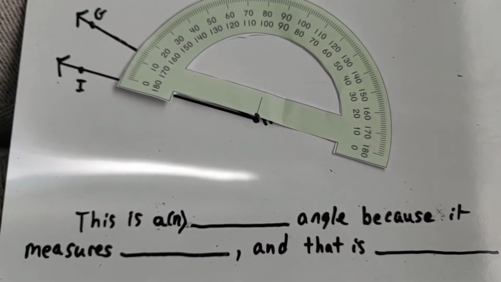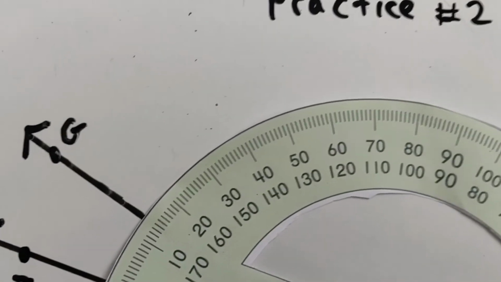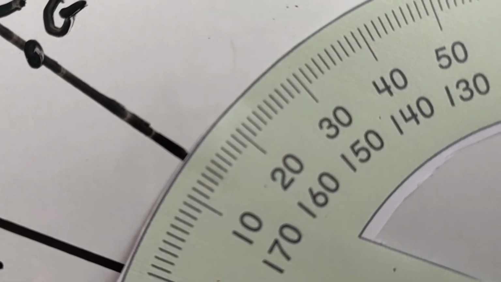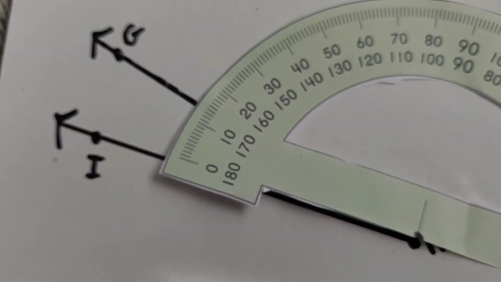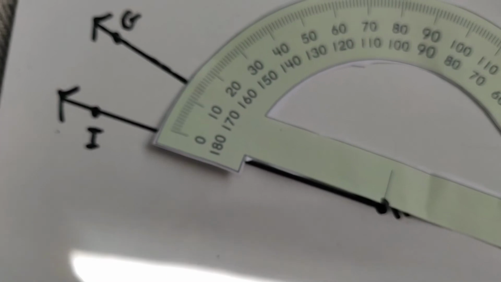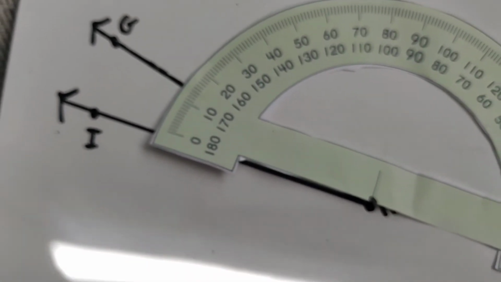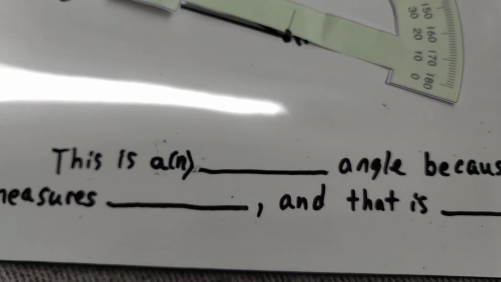Okay, so you should have realized this angle is about 14 degrees, and it doesn't have to be exact. So we'll say 14 degrees. That's what it looks like to me. And that makes it an acute angle because it's less than 90 degrees.